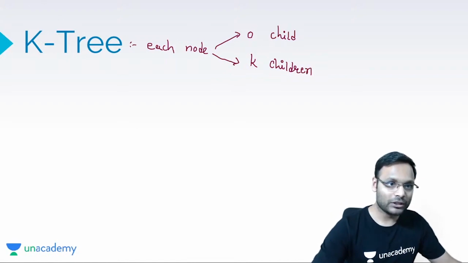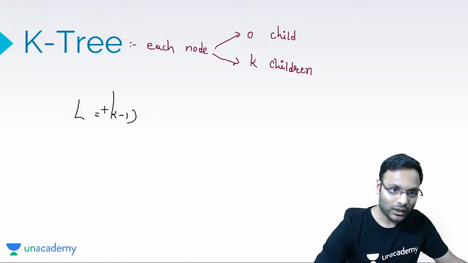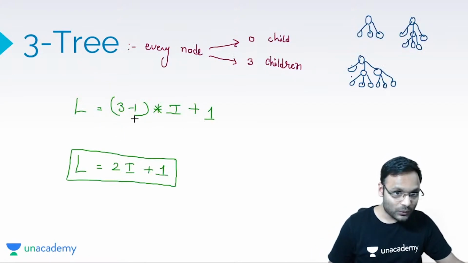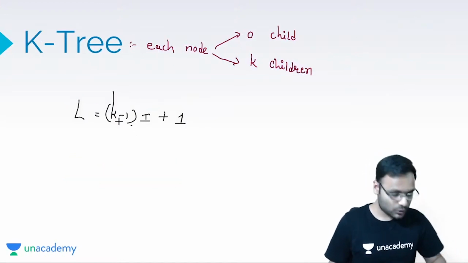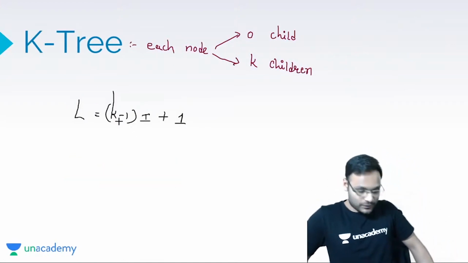The generalized formula will be total leaf nodes equal to k minus 1 into the number of internal nodes plus 1. If k is 3, it is 3 minus 1. If k is 2, 2 minus 1 is 1. That's why you write L is equal to I plus 1 in binary trees, which is a full binary tree.